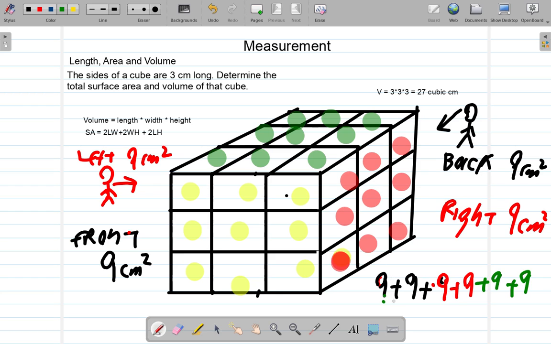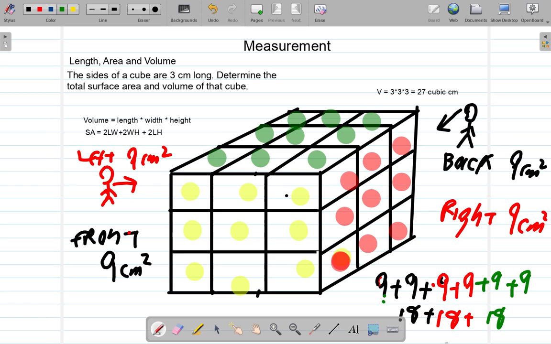Now 9 plus 9, that's 18. So we have 18 plus, then this 9 plus 9 is another 18 plus, then this other 9 plus 9 is another 18. So what we have is 18 by 3.